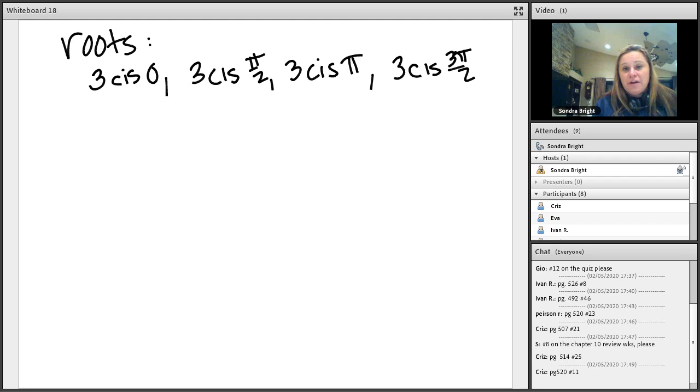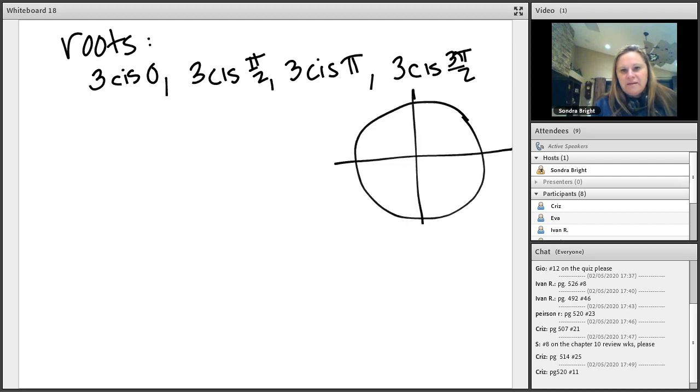This is the easiest way to graph them, when they're in polar form. I'm just going to say this right here is 3 units out, a circle of radius 3. And then 3 cis 0 would be here, 3 cis pi over 2 would be here, 3 cis pi is here, and then 3 cis 3 pi over 2 is right there.